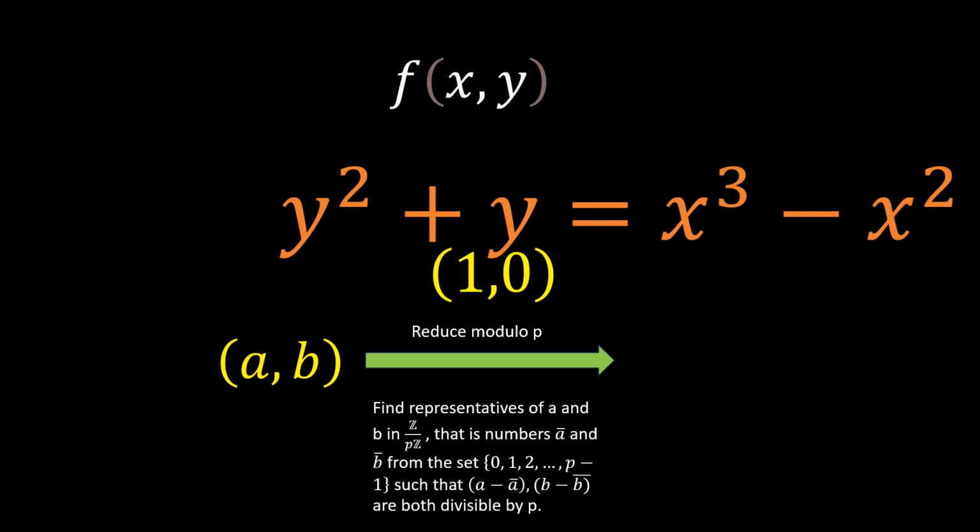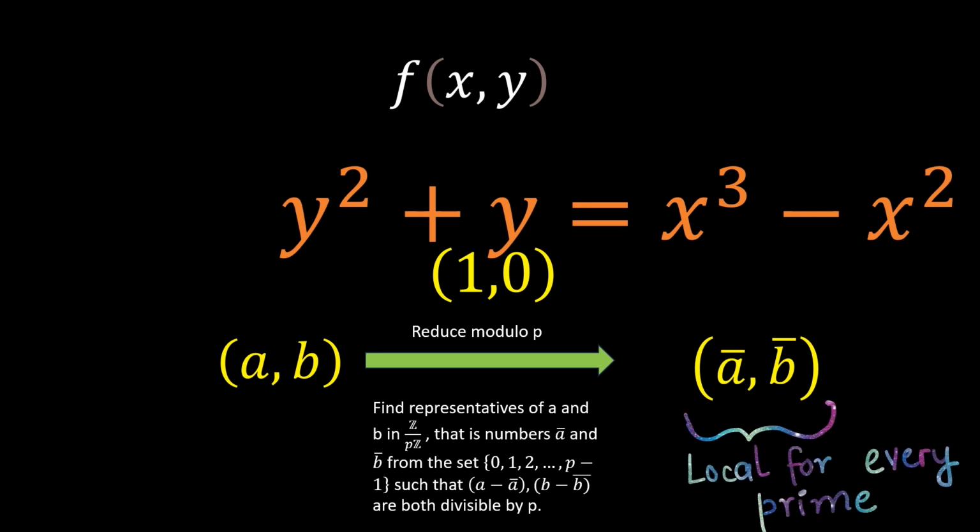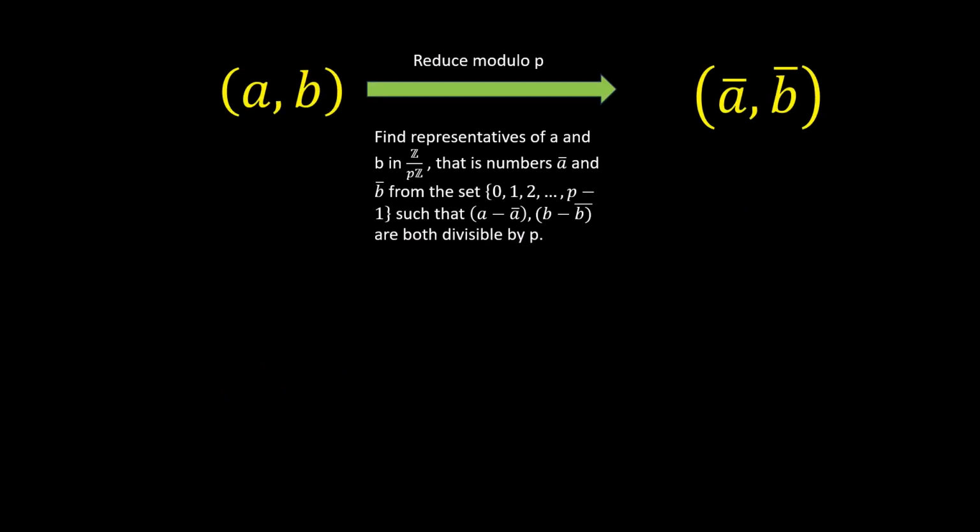The resulting tuple that we get out of this process is denoted as a bar, b bar. This is also called a local solution for every prime p. This process of getting a bar, b bar from a, b is, in words, getting a local solution from a global solution.